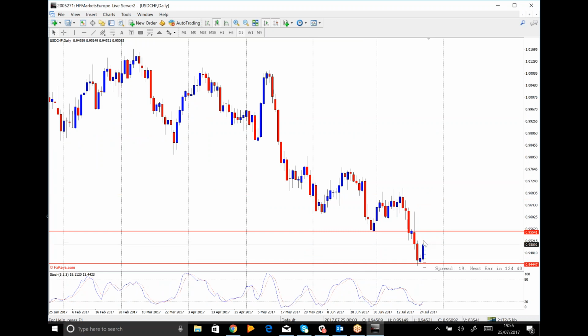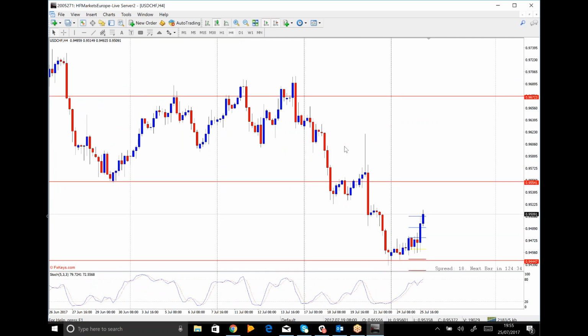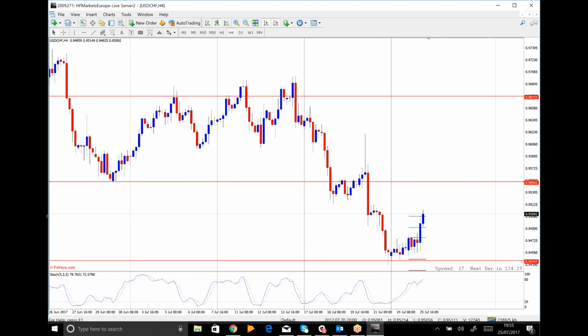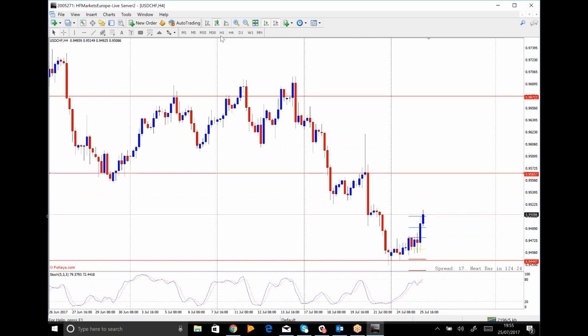I'm more willing to accept a short position here. Is that the same one? I'm more willing to accept shorts going on here because this is a daily zone.